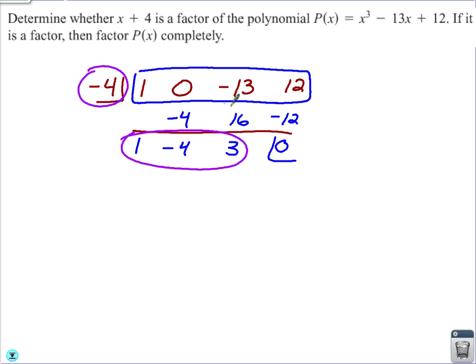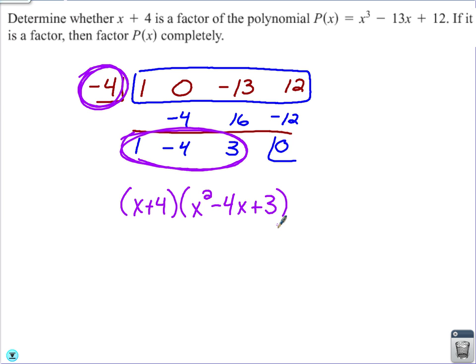So what we're going to do is rewrite x to the third minus 13x plus 12 as, turn that back into a polynomial, x plus 4 times x squared minus 4x plus 3. So we factored it. That's our first step of factoring.